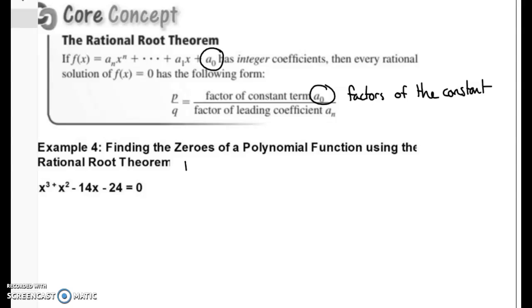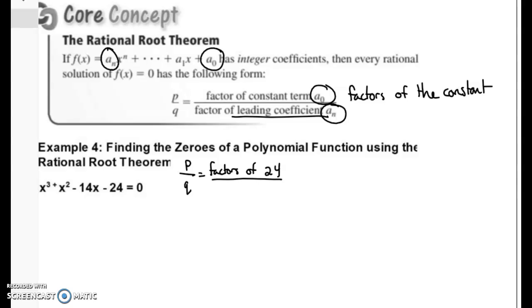So P over Q is the factors of the constant, which is 24, over the factors of the leading coefficient, a sub n. The leading coefficient is 1. In front of this x cubed, there's a 1 right there. So that's over the factors of 1.